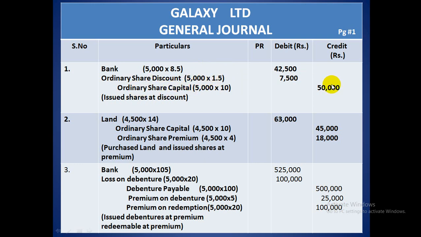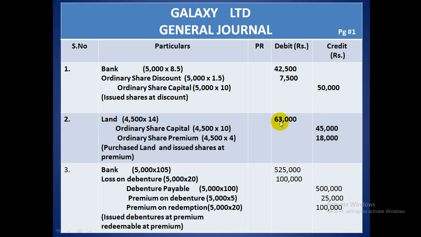Ordinary share capital is always credited with the par value multiplied with the number of shares which are issued. In second transaction, company was purchasing land and issuing shares at the rate of rupees 14. If we compare 14 with the par value, we can judge that 4 rupees is the premium which is to be credited by the company.